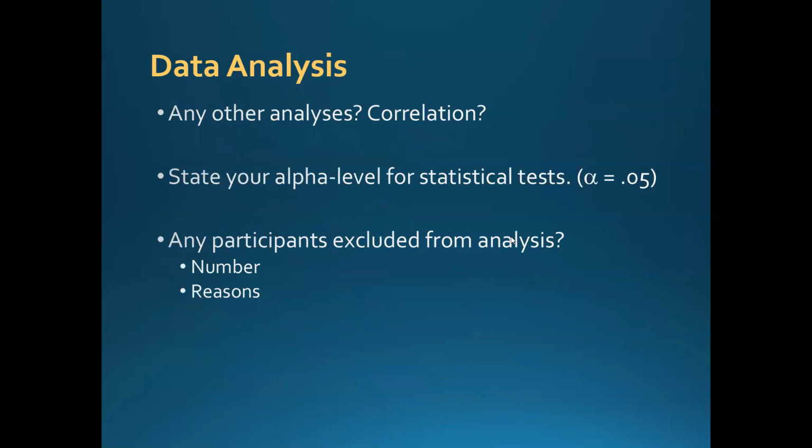Well, yeah, so, right here. So maybe as a group, you've come up with some other ideas that you want to look at within your own data. Several groups included other questions. So, how are you going to analyze it? Do you maybe want to run a correlation on age and your outcome variable to see if there's any difference? Maybe you want to look at, I don't know, ethnicity.